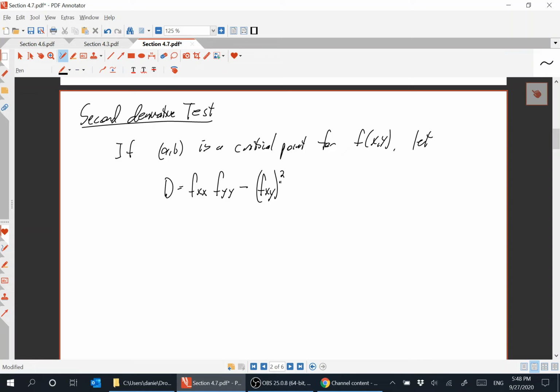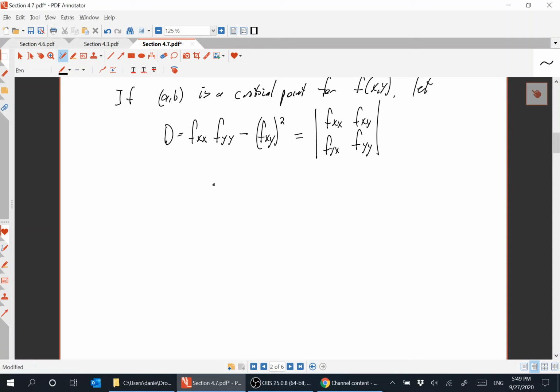So you take these second partial derivatives, and then you just let D be equal to this thing here. It's called a determinant, like a 2x2 determinant: fxx, fyy, fxy, fyx. But fxy and fyx are supposed to be the same thing, as long as you have a nice, continuous, smooth surface. So that's a 2x2 determinant.